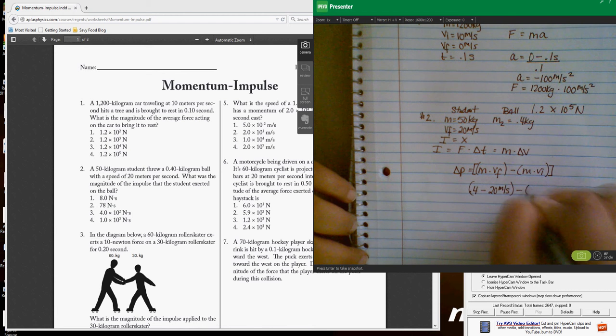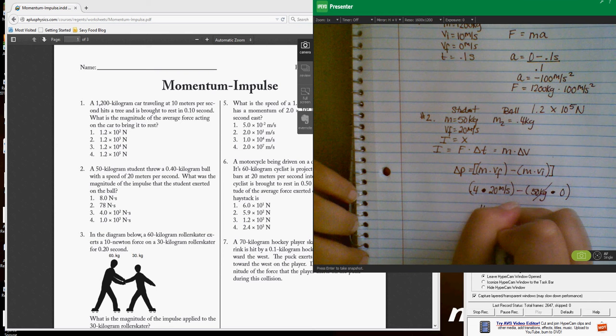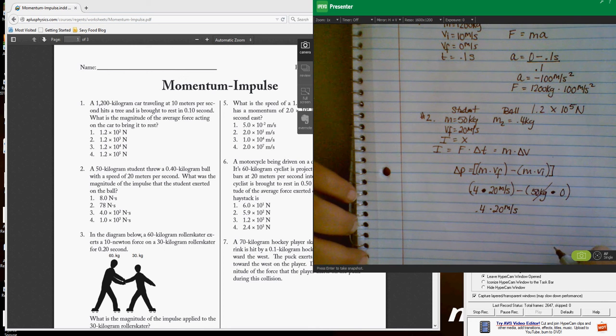And we're going to subtract that from the initial velocity, which is the 50 kilogram student. And the initial velocity when the ball was being thrown is, of course, 0, because it was not moving. So that means this cancels out, and I'm left with 0.4 times 20 meters per second.